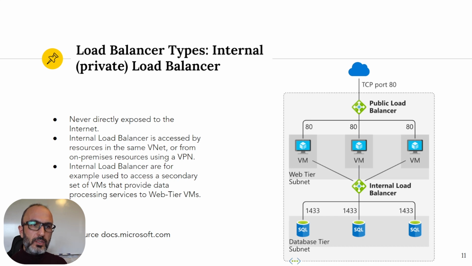Internal load balancers are normally used, for example, to connect your web tier virtual machines to database tier SQL servers. These provide services to your web virtual machines, things like data processing and so on.